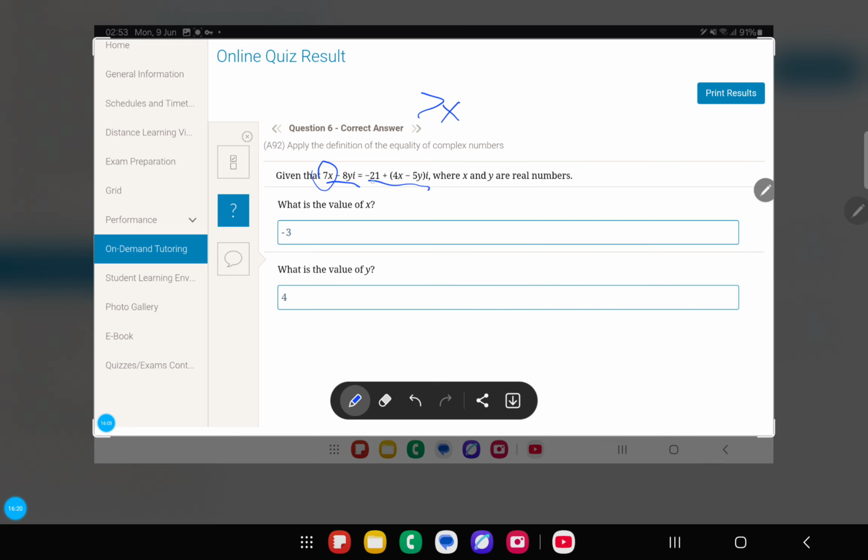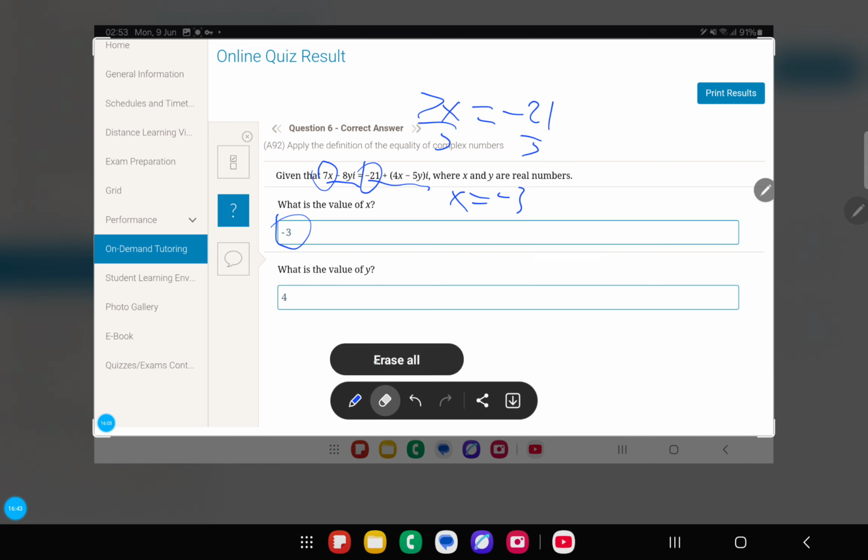And on the other side, it's negative 21. That's the only real number. Because in the brackets, 4x minus 5y is multiplied by i. So it becomes complex. So the real numbers are 7x equals negative 21. Divide by 7, you get x equals negative 3. And that's exactly it. That's the value of x.